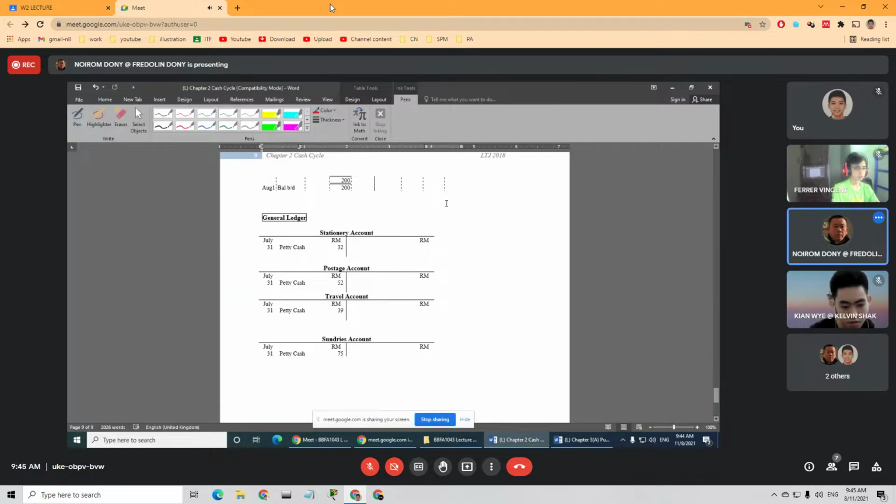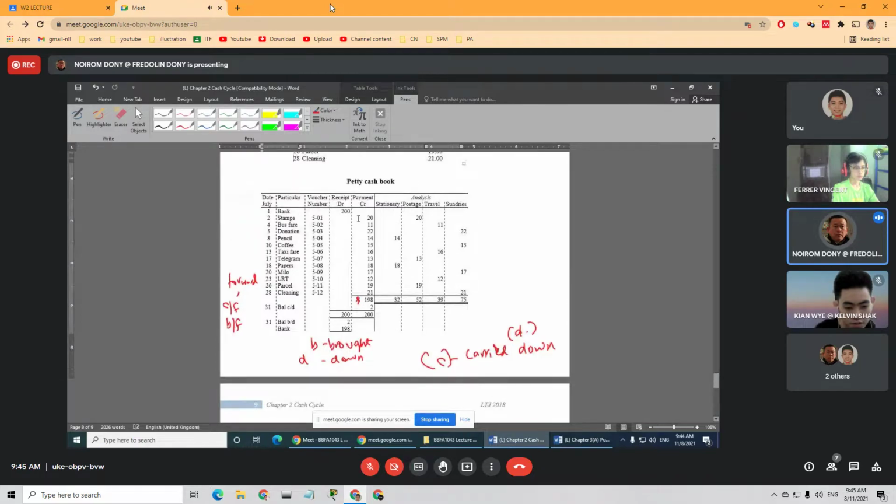Just now, we only did a credit entry, isn't it? We credit the petty cash book. And then we just group them into the group expenses. So this is not double entry yet. It only facilitates us to calculate the total amount, because we do not want to post it one by one, but take the total in 1 month.